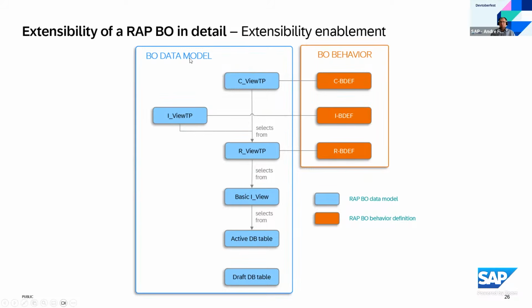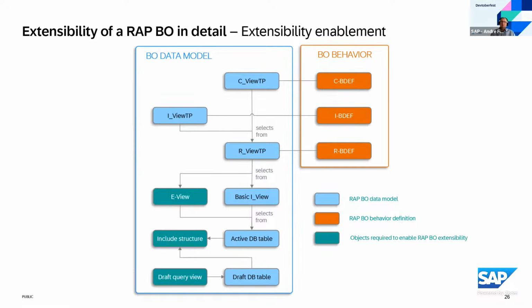So if we have a BO data model, you see this blue stack here. That's the data model consisting of all the CDS views, and we have the behavior of our RAP BO. That's what is delivered by SAP, for example. If we now want to make such a RAP business object extensible, we need additional objects.